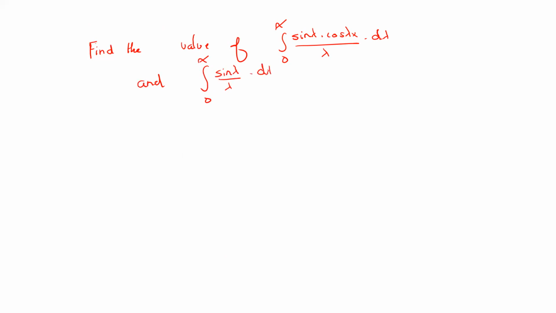Now we will do this by expressing f of x as a Fourier integral. So f of x is defined as 1 where modulus of x is less than or equal to 1, and 0 when modulus of x is greater than 1.